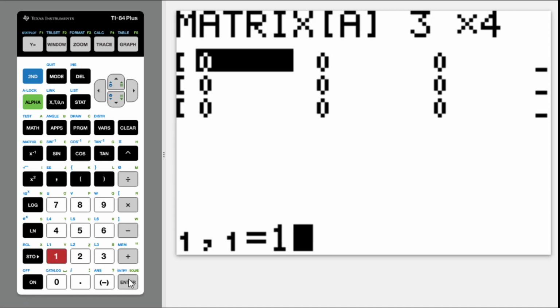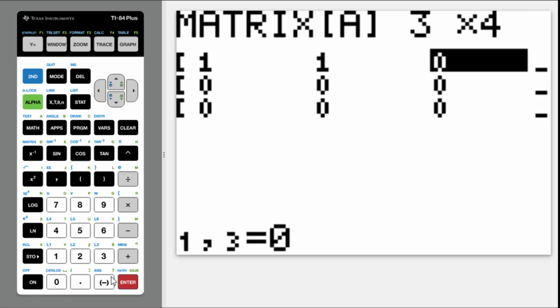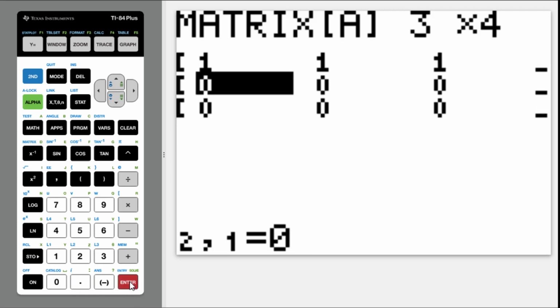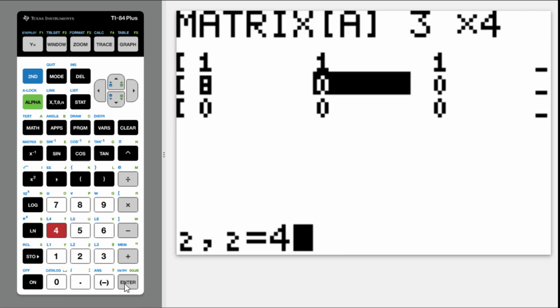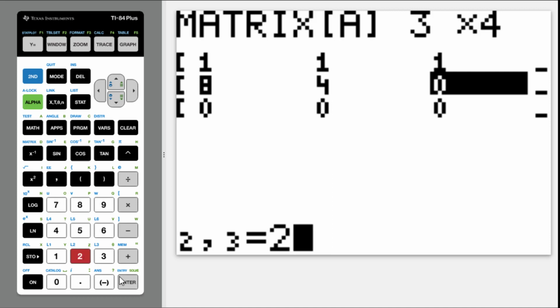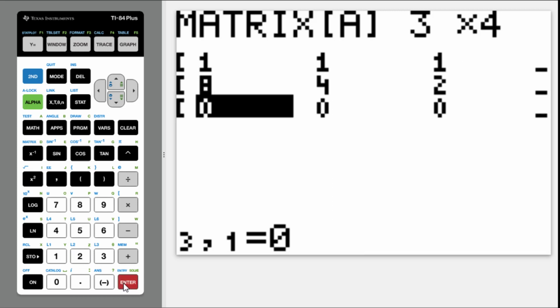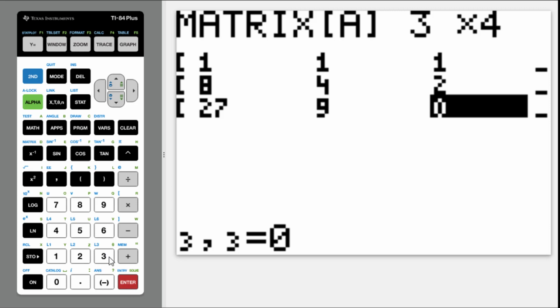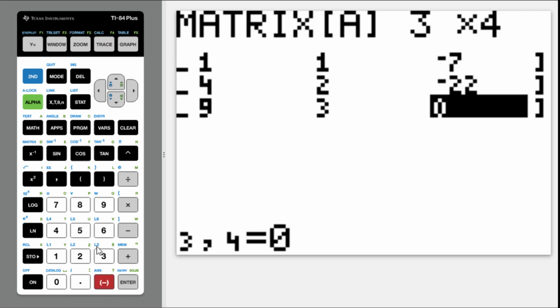Then we have 1, 1, 1, negative 7, 8, 4, 2, negative 22, 27, 9, 3, negative 87.